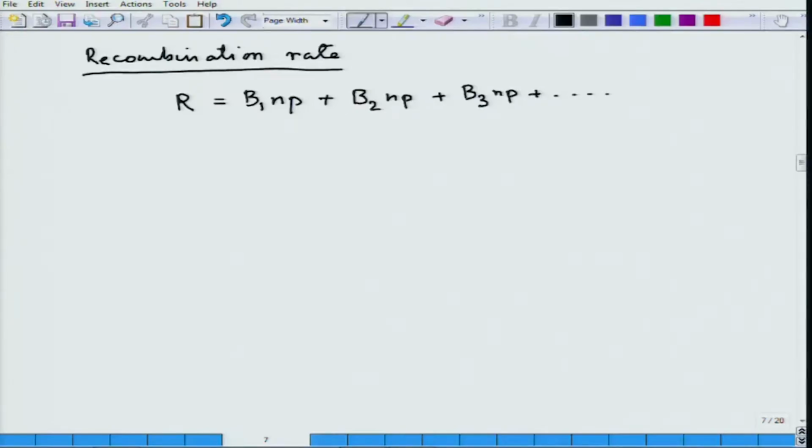Now, as we discussed also, not all of them will play a dominant part. So, often what is done is one looks at only the dominant recombination mechanism and simplifies the expression.